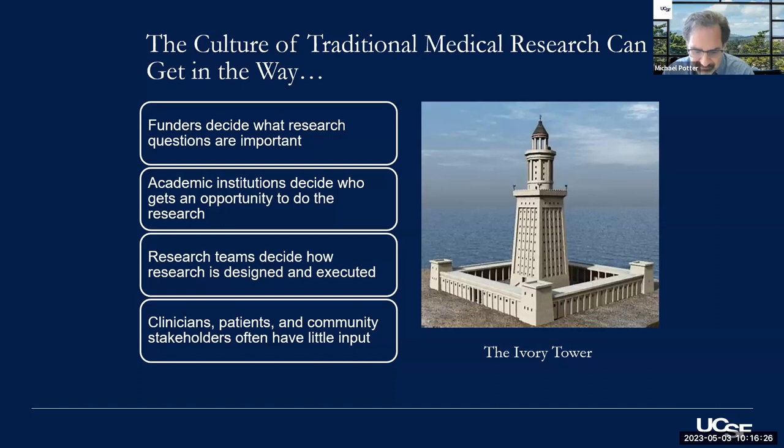And in some cases, the priorities are further skewed by industries with a profit motive or philanthropy with special interests that are not concordant with the needs of the general population. And then academic centers often yield to these same priorities because they need the money. So if those are their opportunities, that's what we're setting up our institutions to receive, and to use that money to address those priorities set by funders.